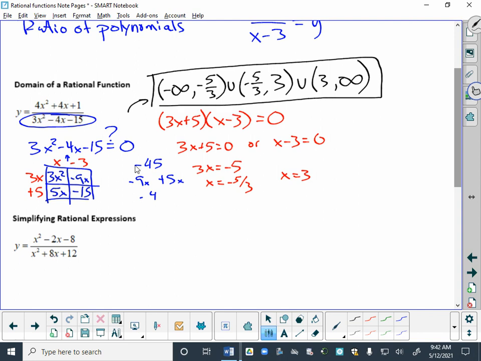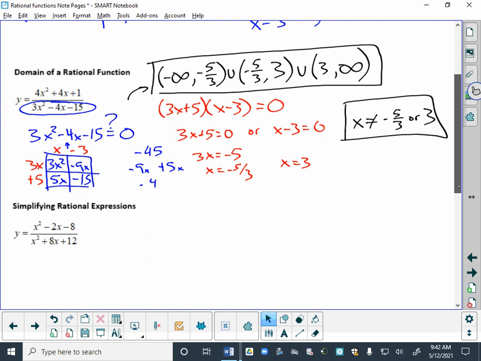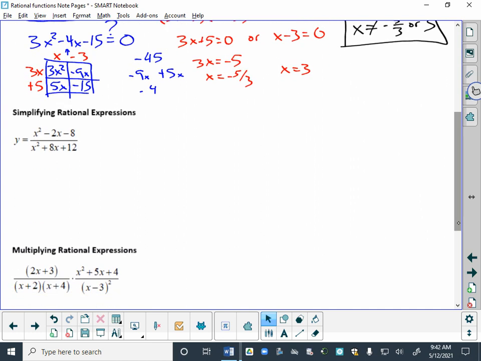Or we could just say that the domain is x is not equal to negative 5/3 or 3. So I could write it that way as well. You have to know what numbers we're not allowed to use. Okay? Remember, restricting those just means that if you try to input either of those numbers, there is no output that goes along with it.